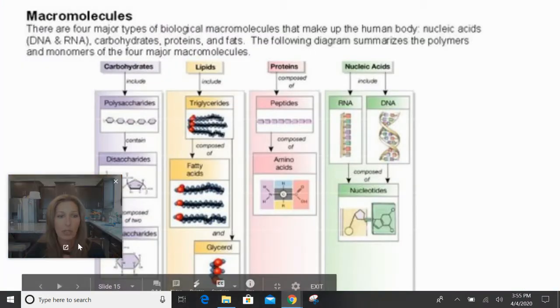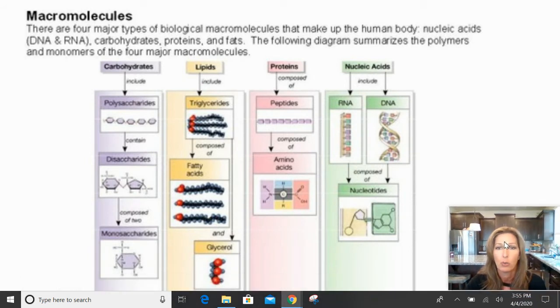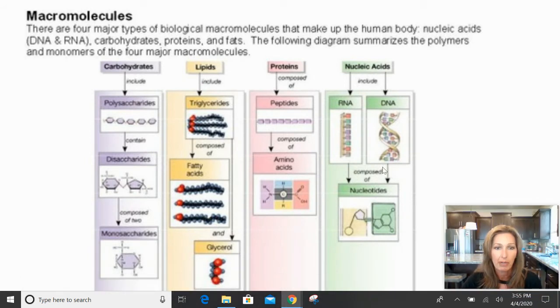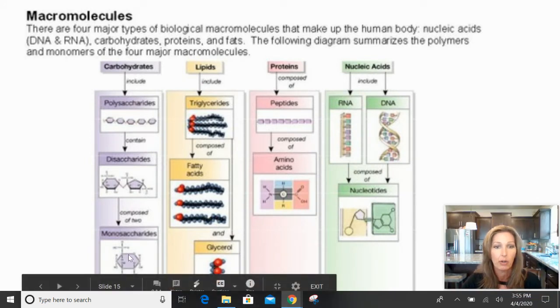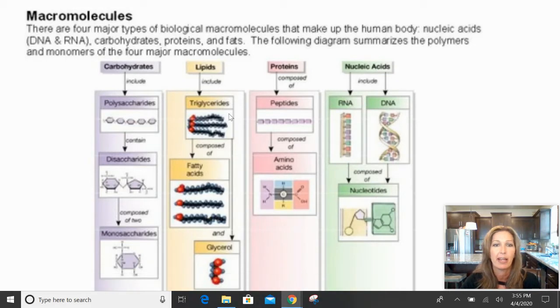When we address macromolecules, you should recognize, if you see a picture like this, that's a carbohydrate. And if I see a picture like this, I'm recognizing it's a fatty acid. If I'm talking about fatty acids, I know I'm addressing lipids. If I'm talking about amino acids, I know that's the monomer of proteins.